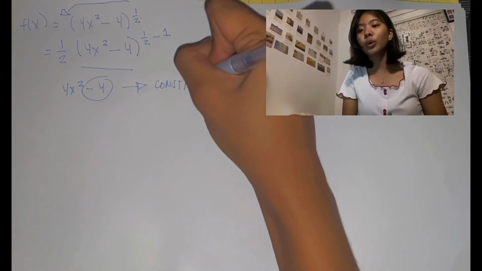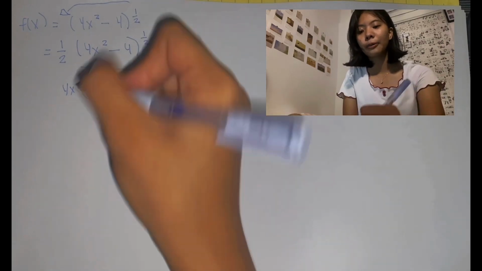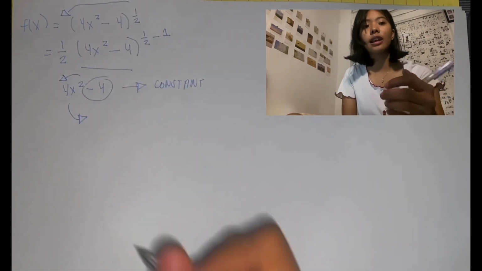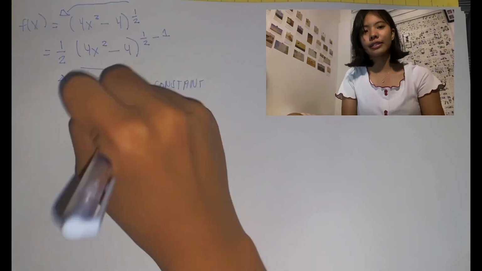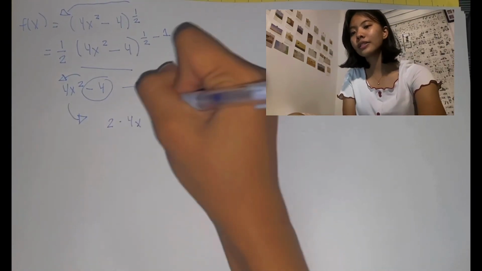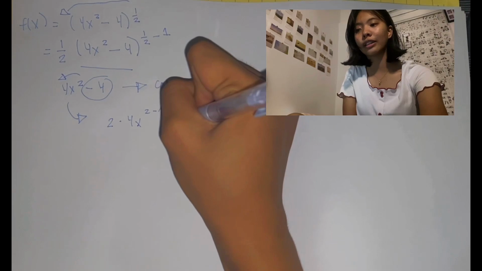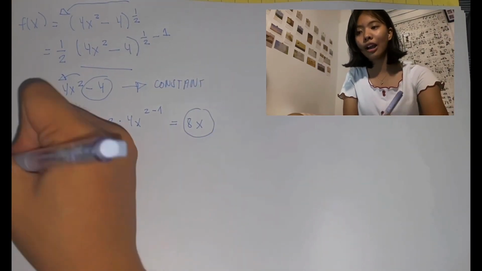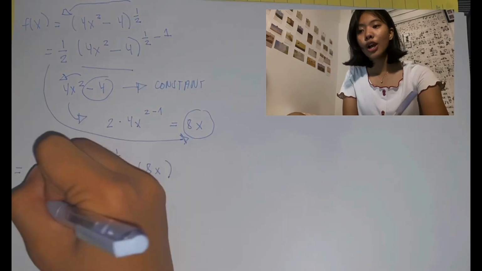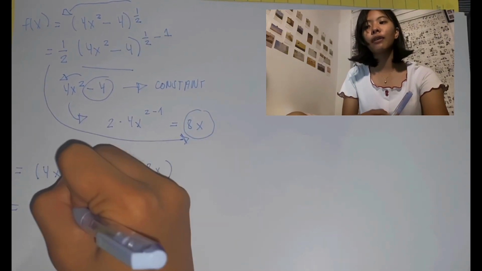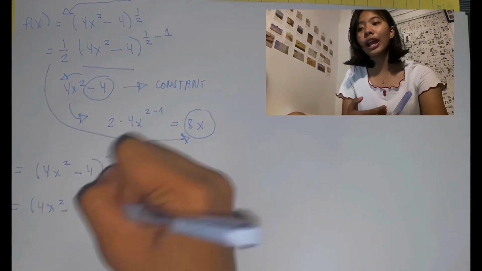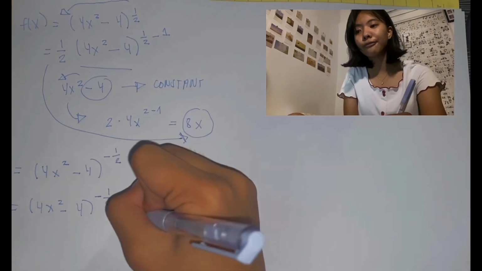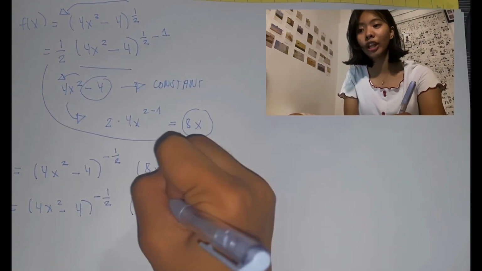So we are going to simplify only the 4x squared. So that is 8x. Next, we need to simplify it now. We're going to multiply 1 half to 8x. So that is in total 4x squared minus 4, and then 1 half minus 1, that is negative 1 half.